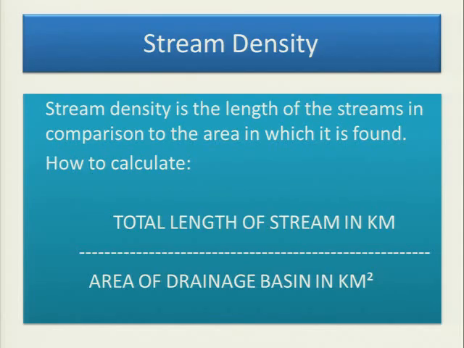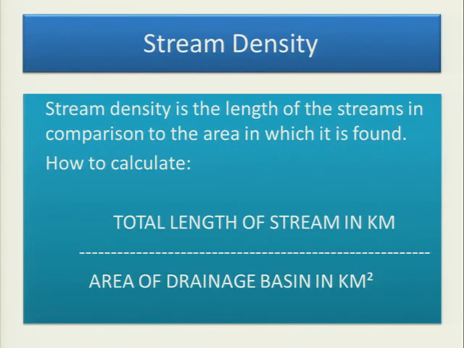If they do give you the total length of the stream and they do give you the area in kilometers, then guys, you will be able to calculate it. But I don't think that they will ever ask you to go and measure each of those streams, calculate it together, and then do the division and then get the answer. So you don't have to worry about that.